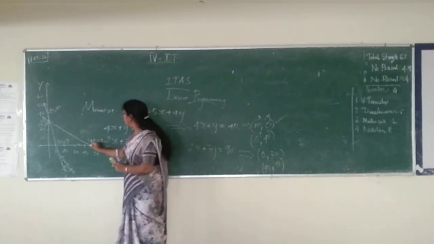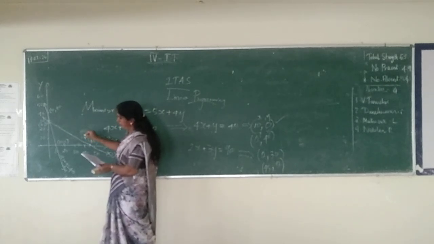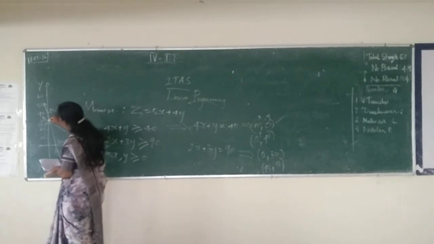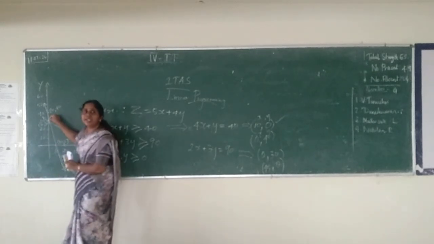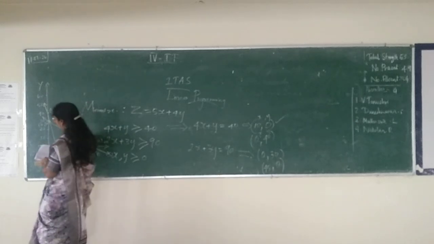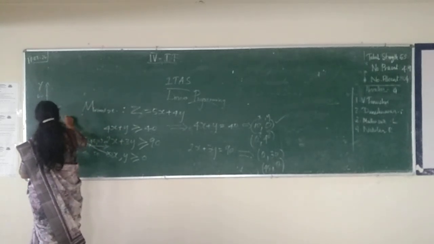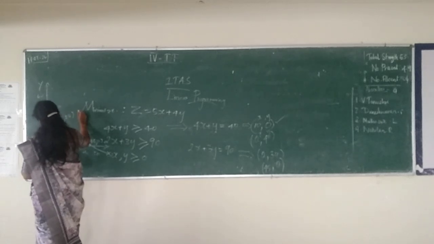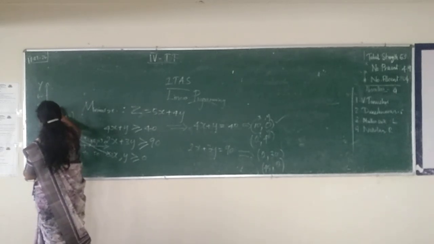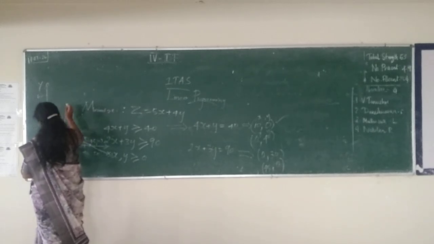In this graph, take this point as A. A starts from the x-axis. Then these two lines touch at this point, which is taken as B. And this point is taken as C.